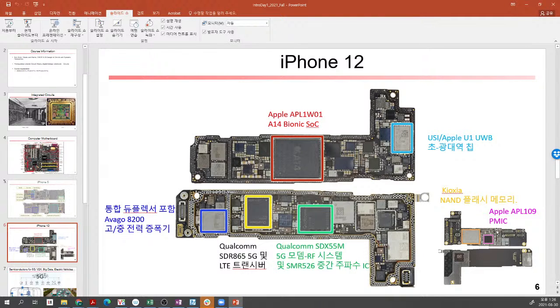On the right-hand side we also have the power management IC and a memory element like flash here. As you can see, you have a very small computer system that you can place on your hand. This is so small.